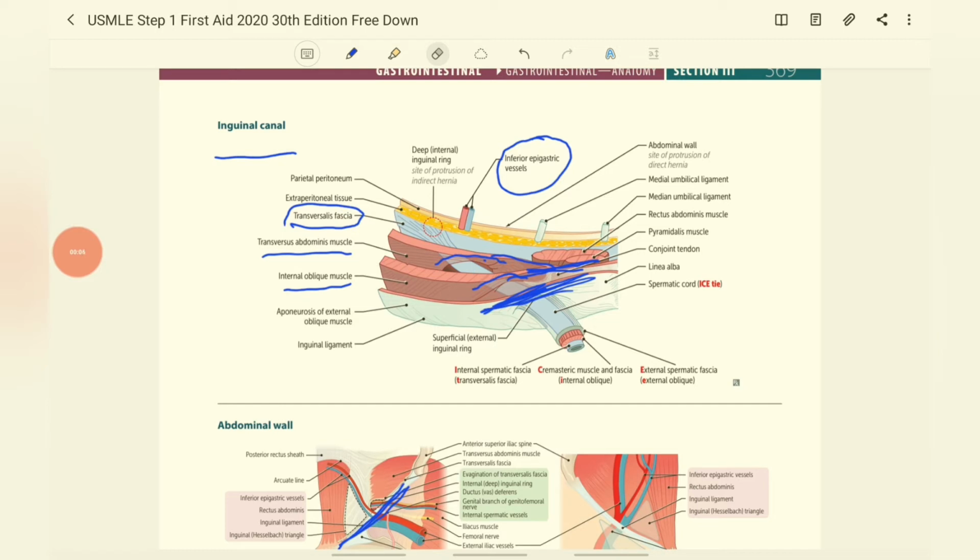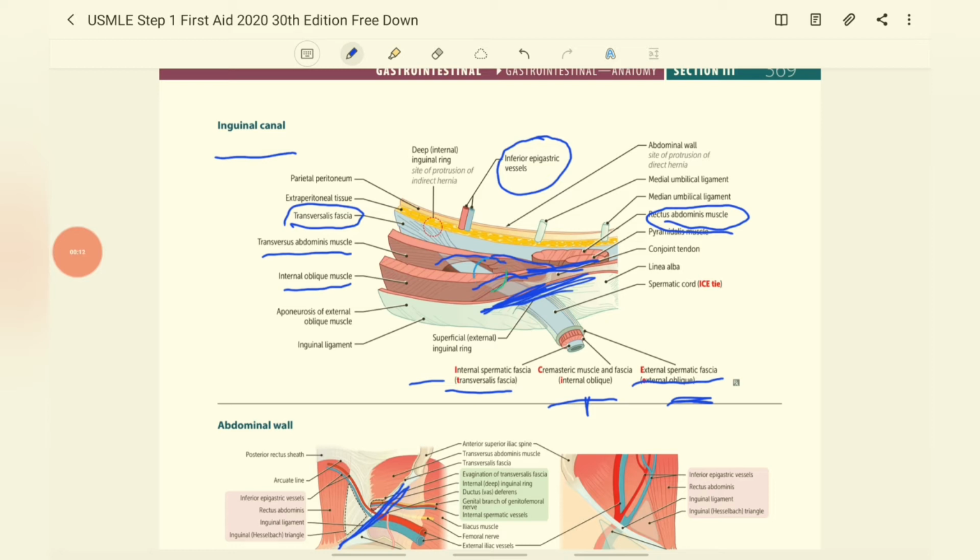One is the transversalis fascia over here, another is the cremasteric fascia, and the last one is the external spermatic fascia. This one is inside, this is middle, and this is outside. Medial to the inguinal canal, we can see the rectus abdominis muscle. So this is the normal anatomy of the inguinal canal.